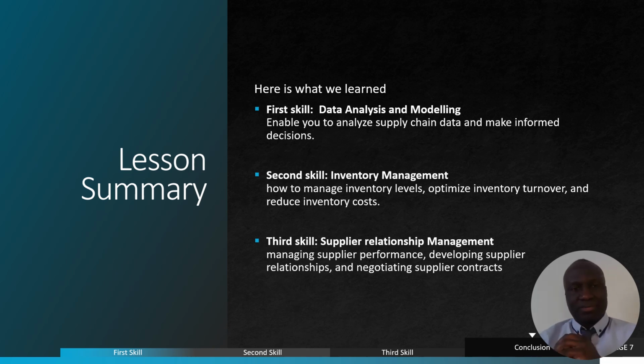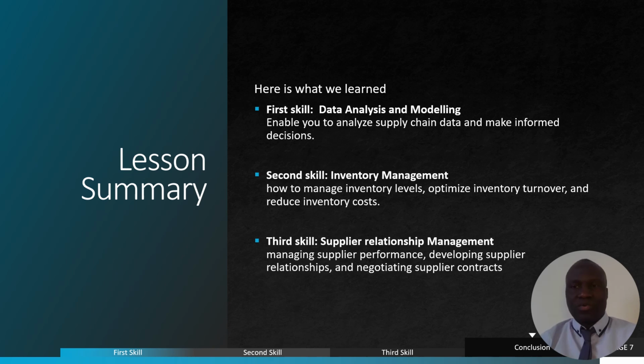So to summarize, this Supply Chain Optimization Manager course will focus on teaching you skills to optimize supply chain management. One of the key skills you will learn is data analysis and modeling, which will enable you to analyze supply chain data and make better and more informed decisions. You will also learn inventory management skills, including how to manage inventory levels, optimize inventory turnover, and thus reduce inventory costs.